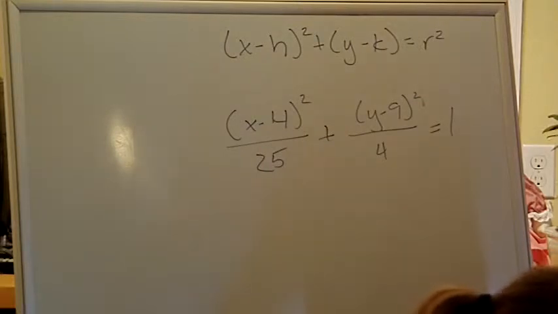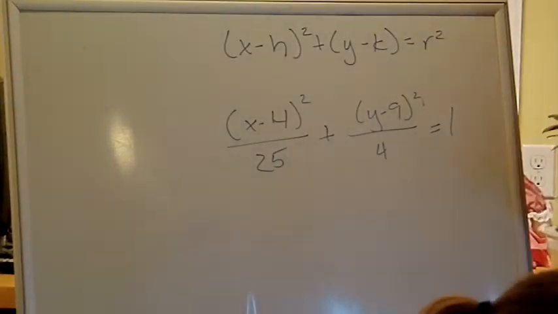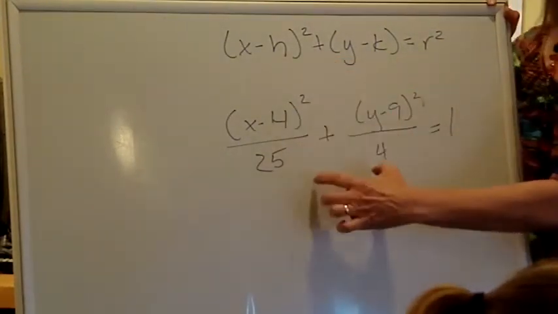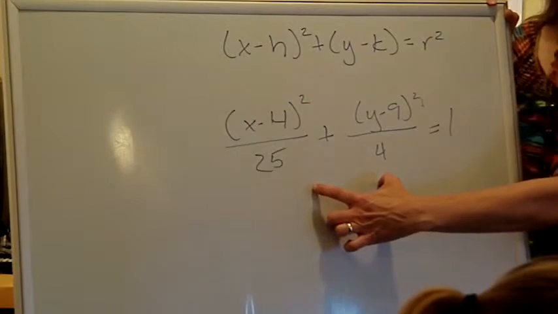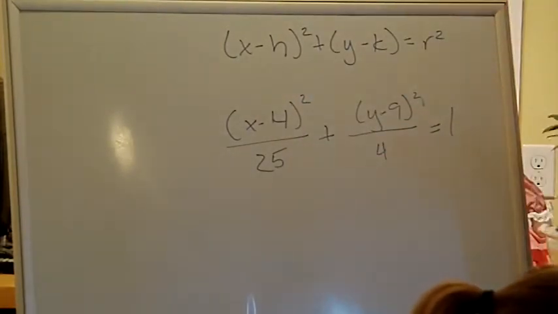J is not, because J is centered at the origin. And K, it looks like it's centered around maybe 2 something, or not 2 something, 4 something. So your only answer choices that fit here are G and H. This is obviously not a circle. You can compare the two, so it's got to be G.